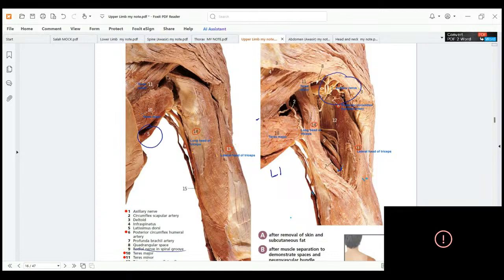This is latissimus dorsi. Number six, posterior circumflex humeral artery. Axillary artery, sorry, axillary nerve. This is the axillary nerve. And then number six, posterior circumflex humeral artery.